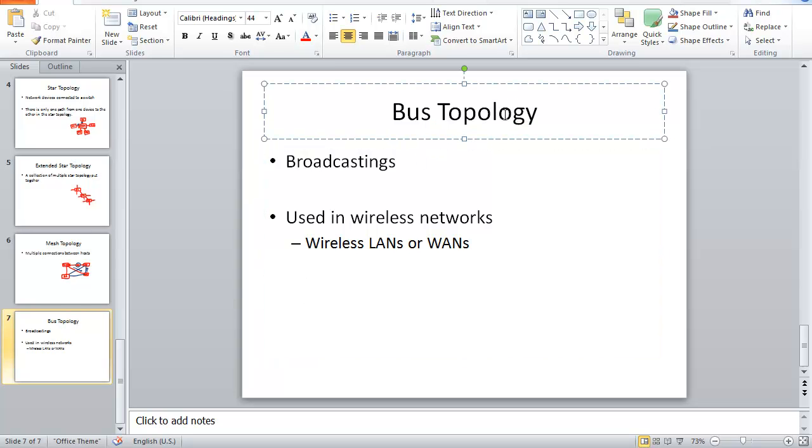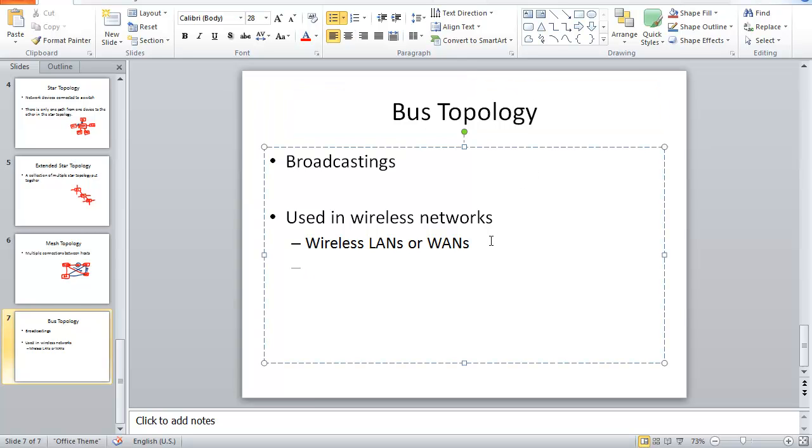Another thing to note here is that there was a device that was used in a wired network that used this topology. It's called hub. Hub uses this topology too, but broadcasting isn't very efficient in a wired network communication. That is why the hubs are not used anymore.